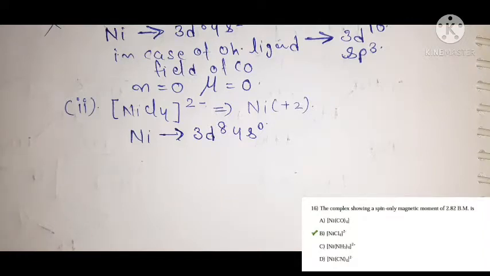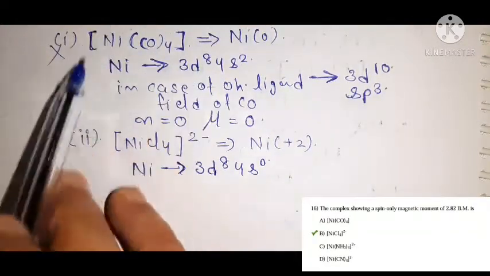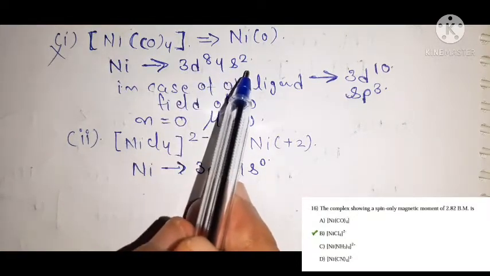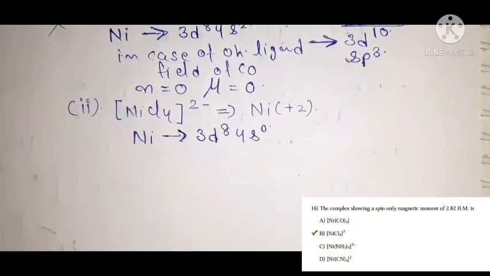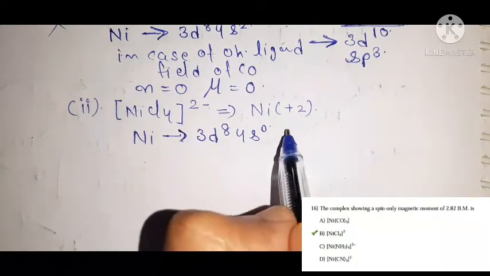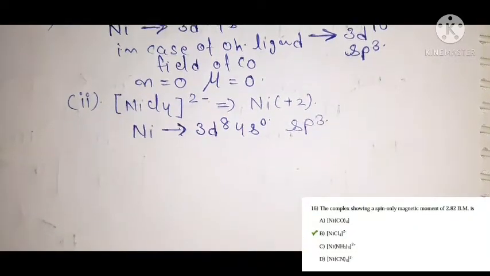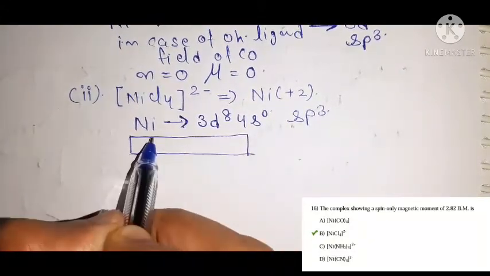In case of a strong field ligand, pairing occurs, which you see in your first case. In case of the strong field CO ligand, pairing of the d8 and s2 electrons occurs, and the electronic configuration of nickel is 3d10. But here, because of the weak field chlorine ligand, no pairing occurs. It also has empty s and p orbitals, so its hybridization will also be sp3. But here it has 8 electrons in d orbitals.